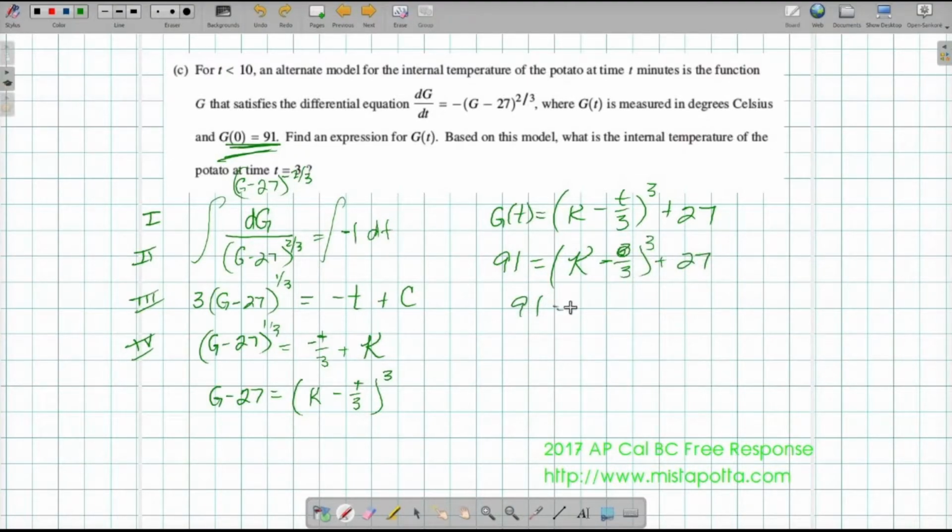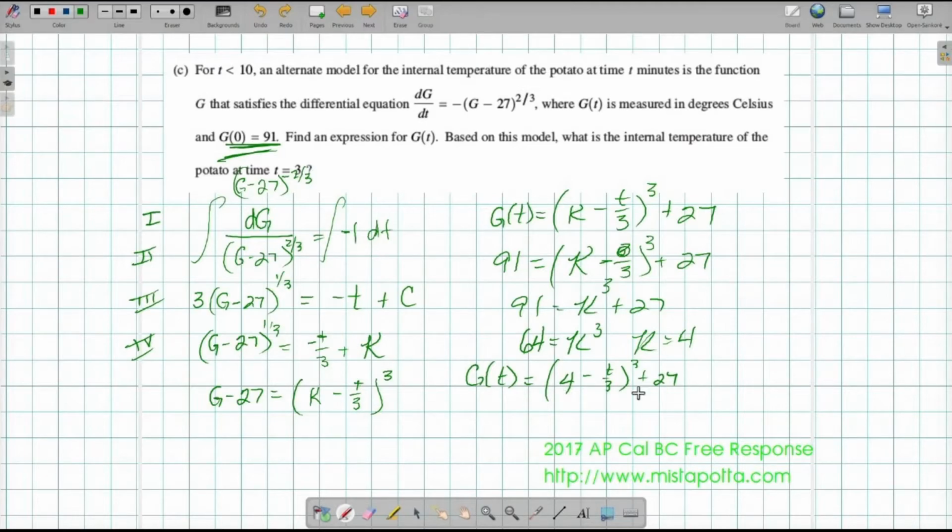So 91 equals my constant cubed plus 27. And 91 minus 27, as we saw before, was 64. So for us, k is 4. So our function is g of t equals 4 minus t over 3 cubed plus 27.